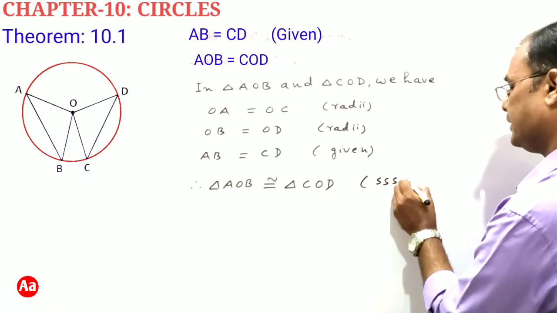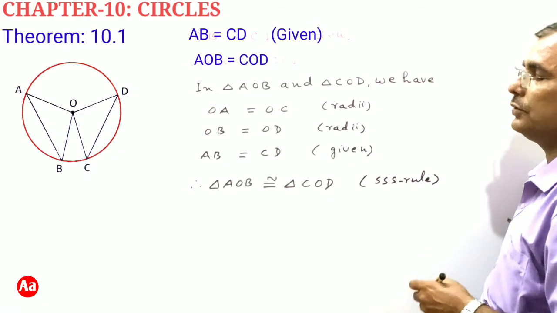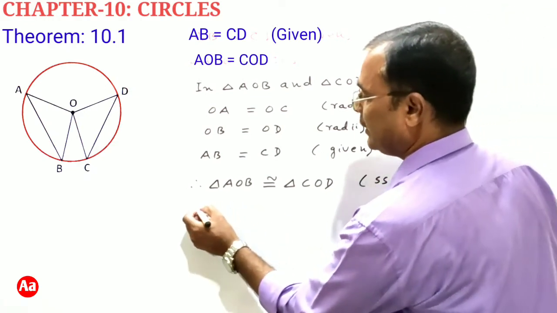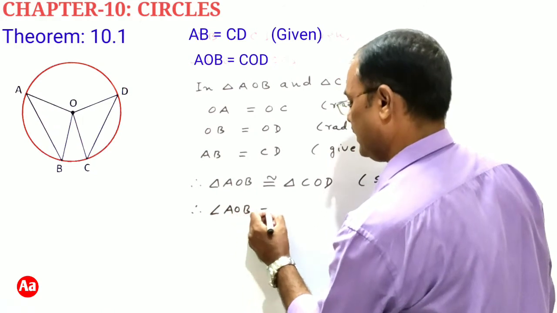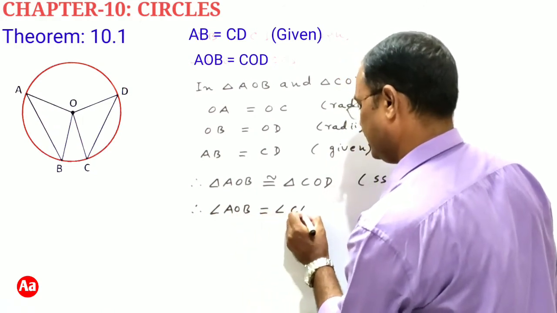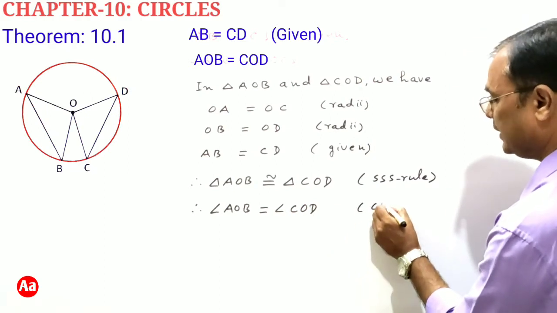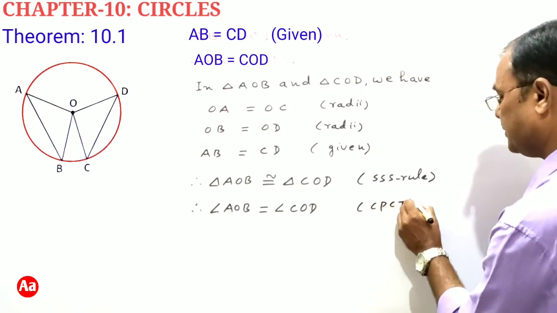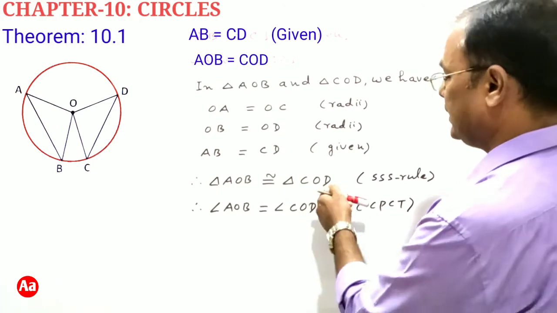Therefore angle AOB is equal to angle COD by CPCT, because they are corresponding parts of congruent triangles AOB and COD.